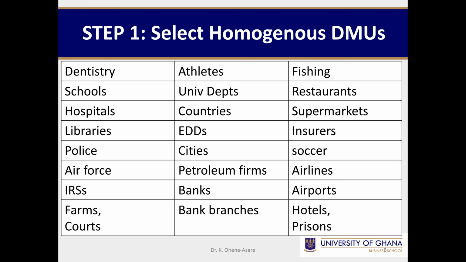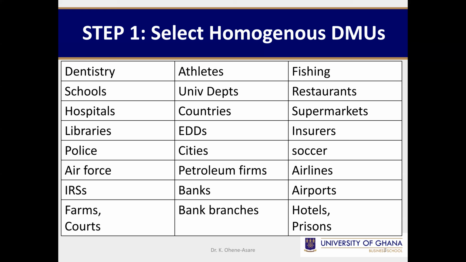So these are the different homogeneous units. For example, if you say schools, it doesn't make that much sense unless you specify what you mean by schools. Because when you say schools, it can be secondary schools. If it is secondary schools, then they are homogeneous. You can't say secondary schools and primary schools because they do different things.